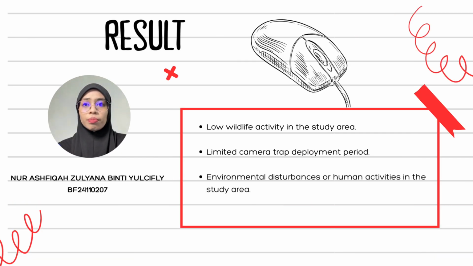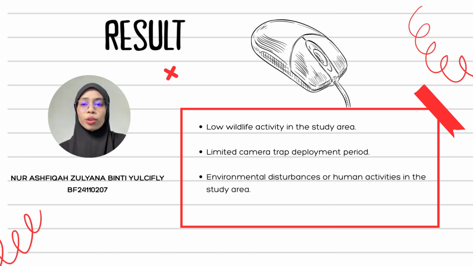For the camera trap results, no wildlife was recorded during the study period. There are three possible reasons for this finding. First, the study area was not a main wildlife trail, resulting in no animals being detected by the camera trap. Second, the deployment period of the camera trap was limited, since camera traps require sufficient time to record wildlife presence.